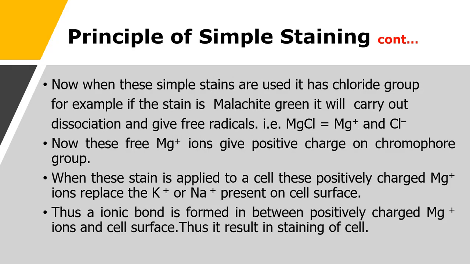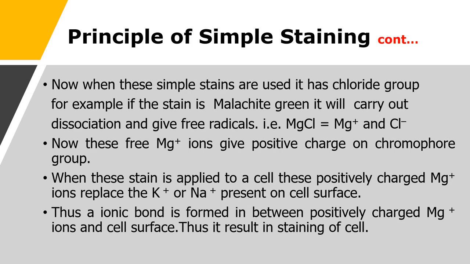Now, when simple stains are used, they carry a chloride group. For example, if the stain is malachite green, it dissociates and gives free ions, that is, MgCl gives Mg plus and Cl minus ions. Now these free Mg plus ions give a positive charge on the chromophore group.